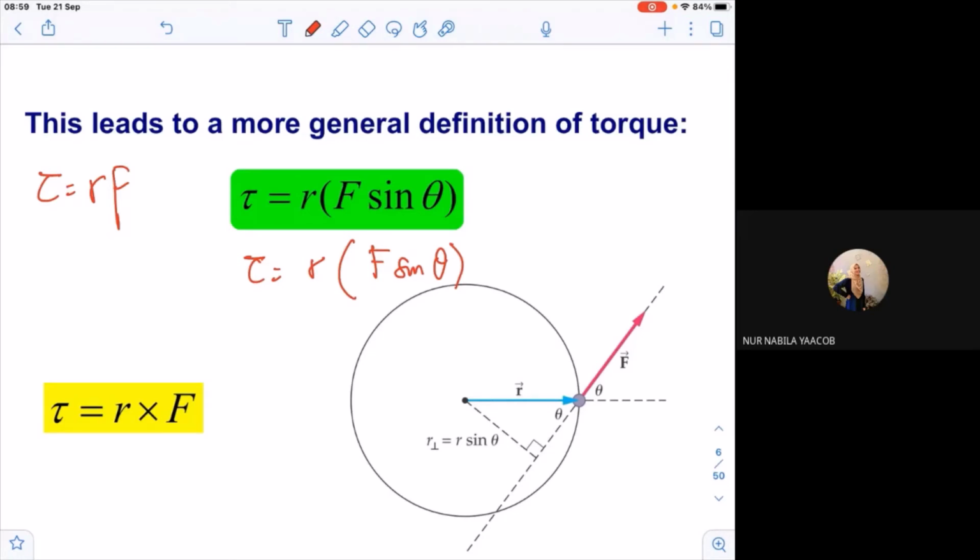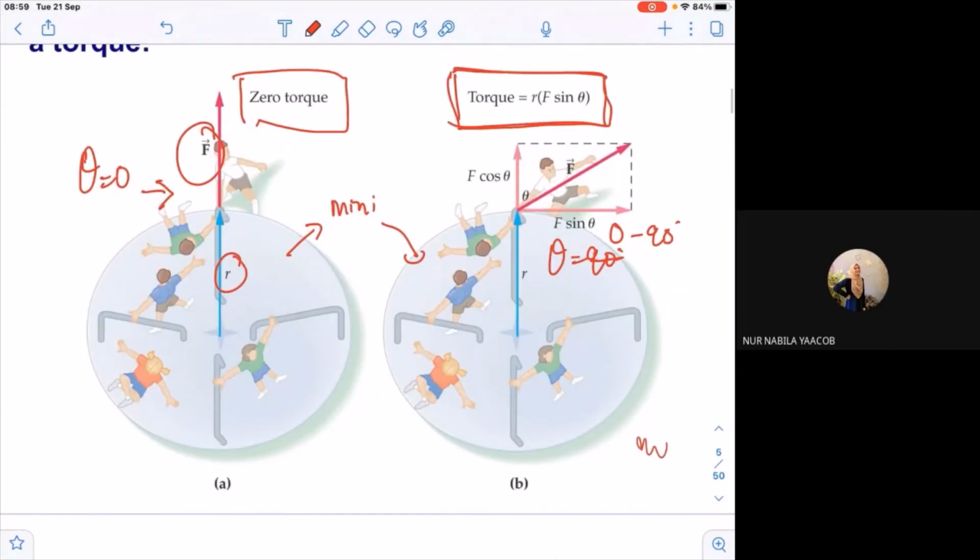If you look carefully at the situation here, theta is the angle between the lever arm and the force. Because of the angle, the force has components: F cos theta and F sine theta.